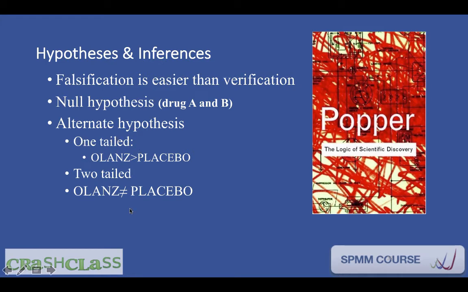If you make a statement which defies direction, you say that olanzapine is not the same as placebo or placebo is not the same as olanzapine, you're just putting a not equal to sign. That's called a two-tailed hypothesis. These statements where you propose the opposite of what you want to prove are called null hypothesis.